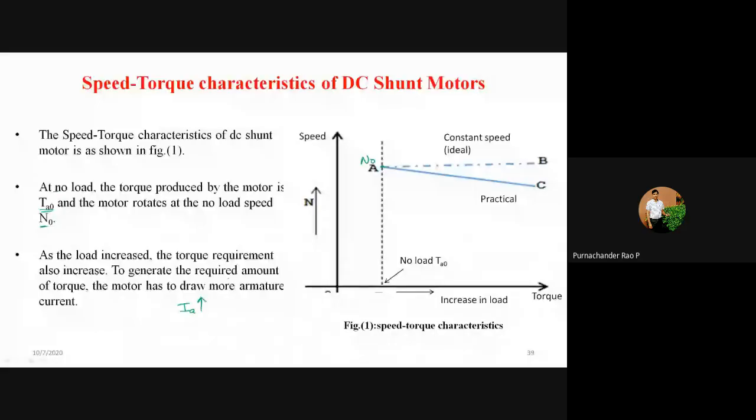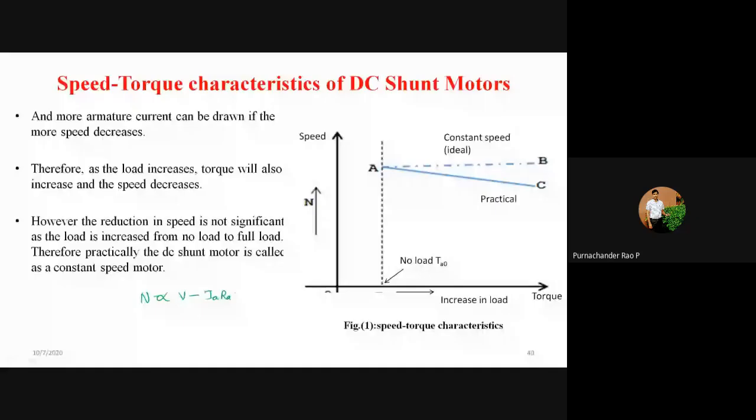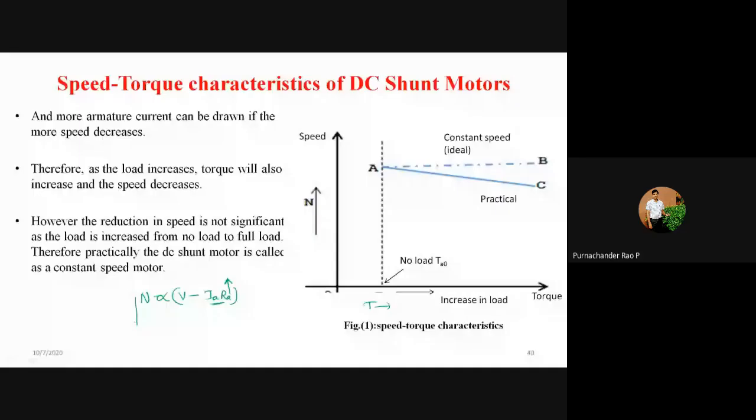From our previous equation, N is proportional to V minus IA RA. So as the armature current increases, the IA RA drop increases and the net speed decreases. Therefore, as the load increases, torque increases and the speed decreases.